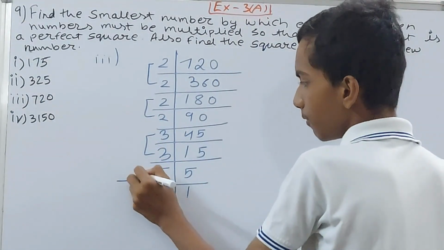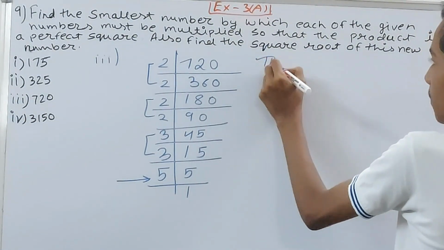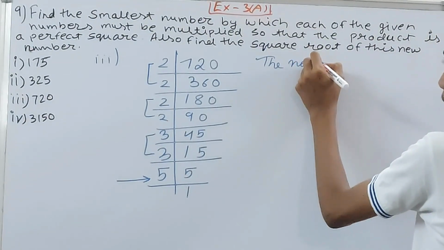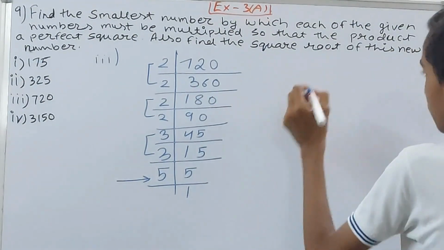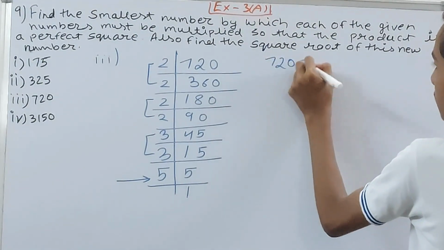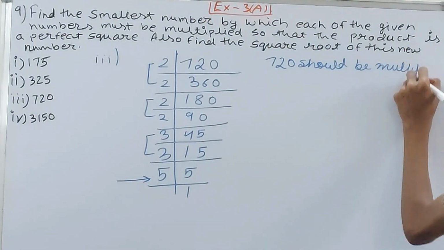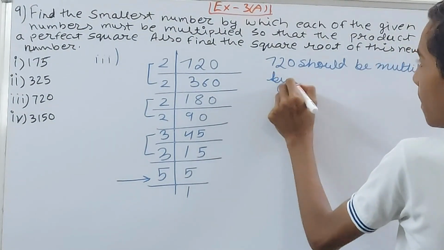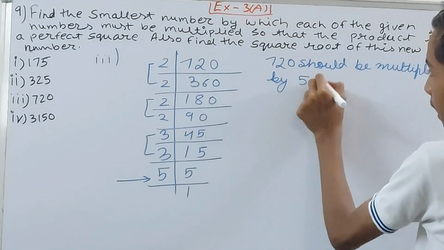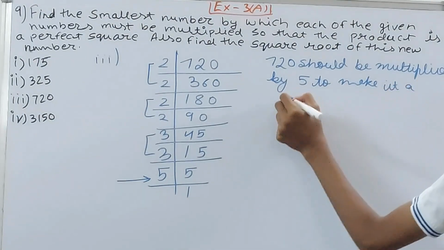What is left out? 5 is left out. That means the number 720 should be multiplied by 5 to make it a perfect square.